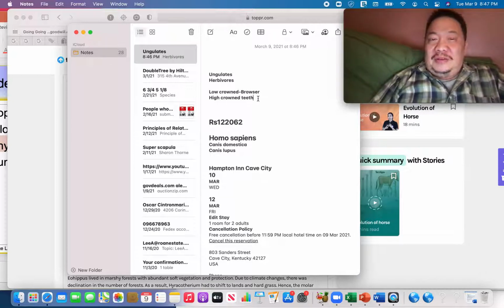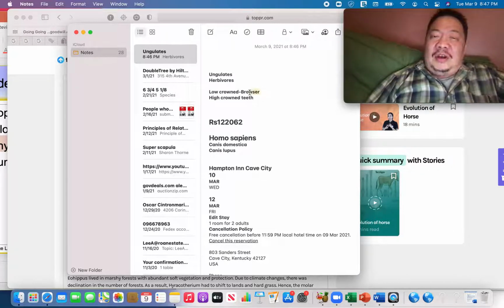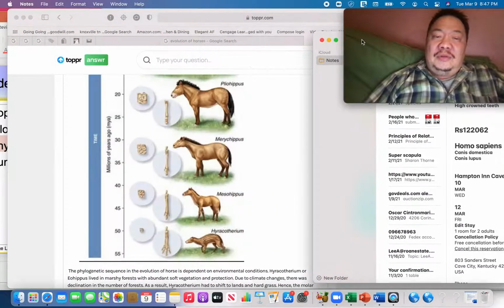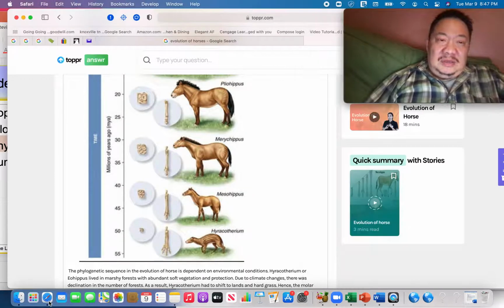Not an internet browser, but a mammal browser. Browsers are ungulate herbivores who eat tender leaves off of trees. What kind of creatures are they? Well, they include things like sloths. Let's take a look at some.